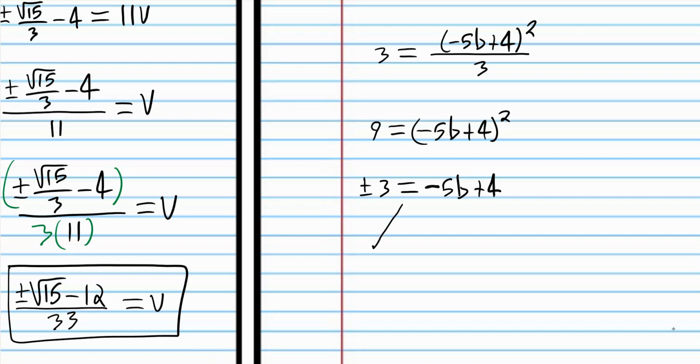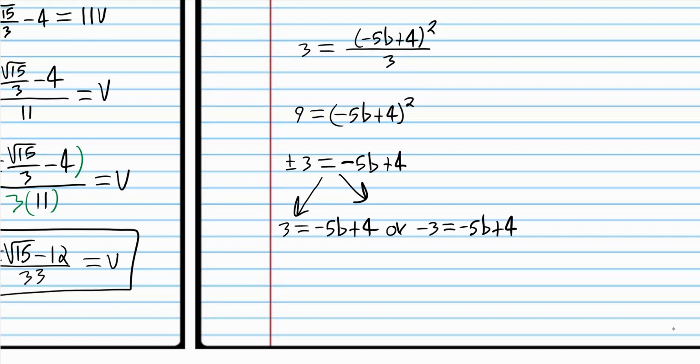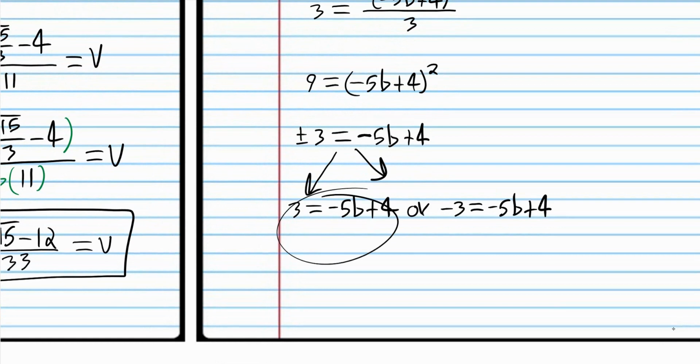So now we have two scenarios. We have 3 is equal to negative 5b plus 4, and we have negative 3 is equal to negative 5b plus 4. Both of those situations need to be analyzed. So let's solve for b in this equation.